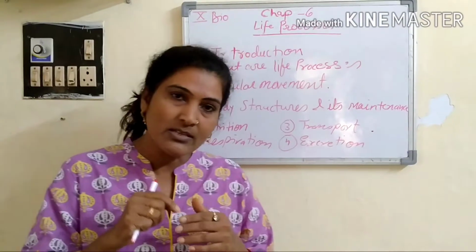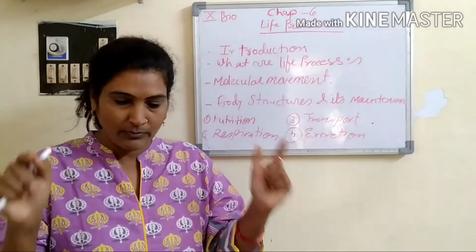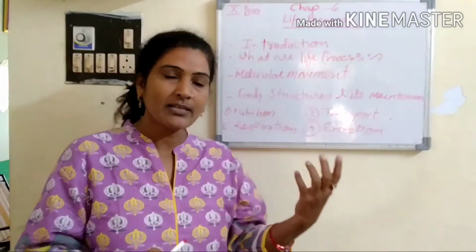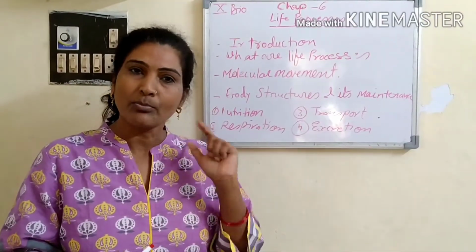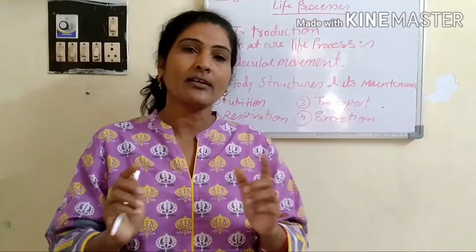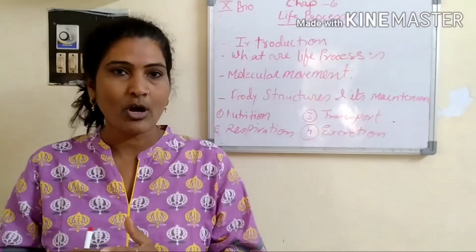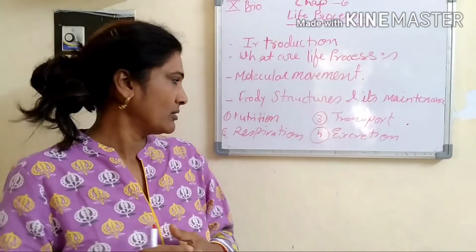On the basis of the complexity of food available in the surroundings, organisms have different nutritional processes, and they are categorized as autotrophs, heterotrophs and so on.